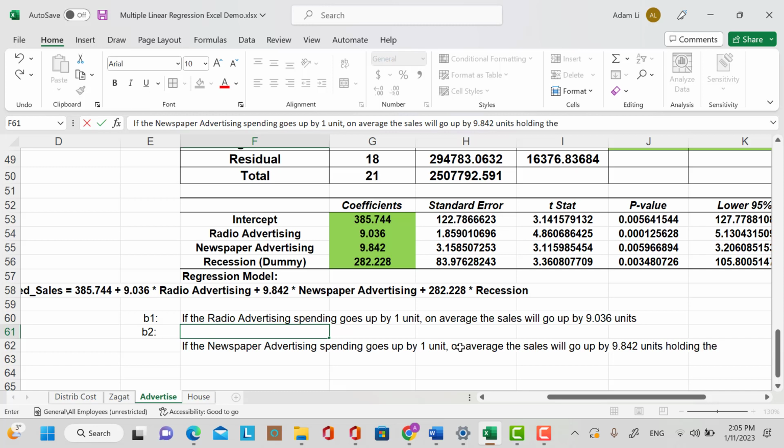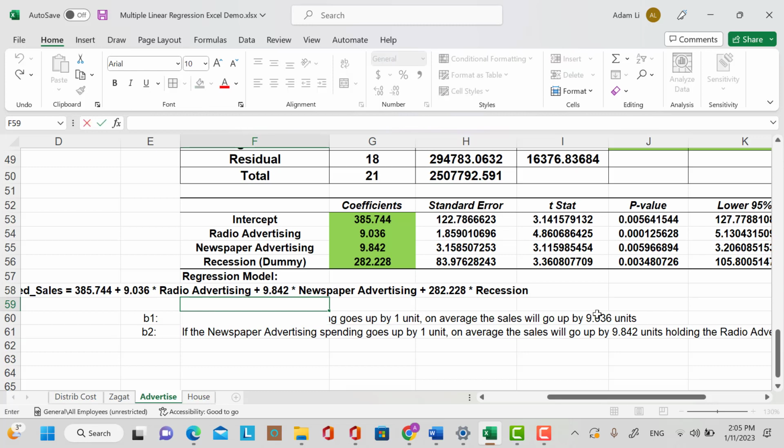Yes, I forgot to put this language here: holding the radio advertising and recession constant. Same thing for the first one. I should put in the language here.